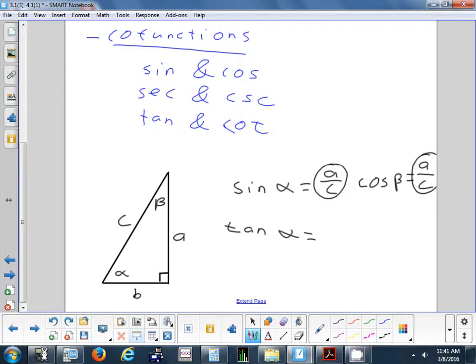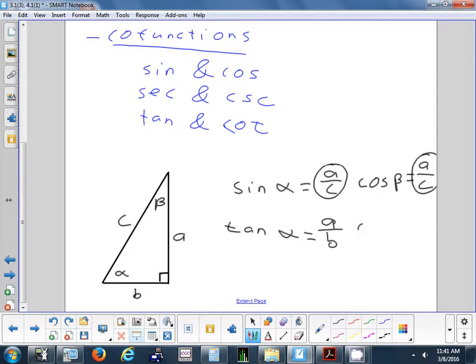What side is opposite alpha? A. A is opposite. And the side that's next to it, or adjacent? That's B. So the tangent of alpha is A over B.